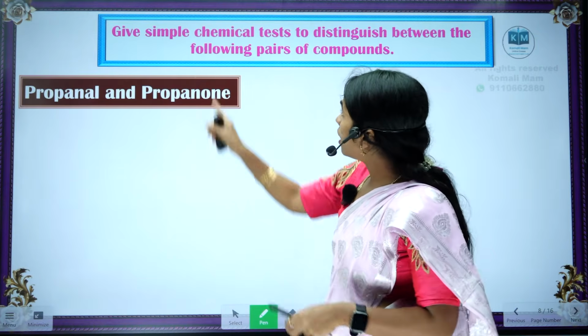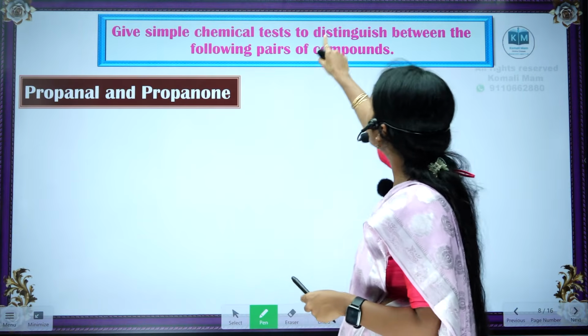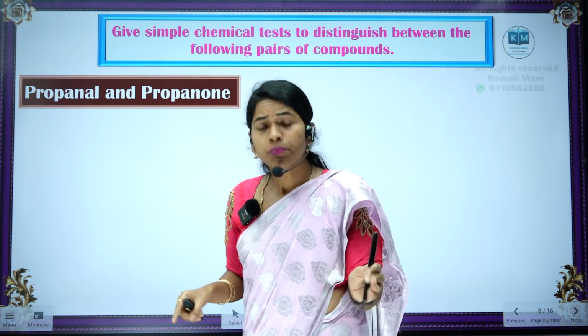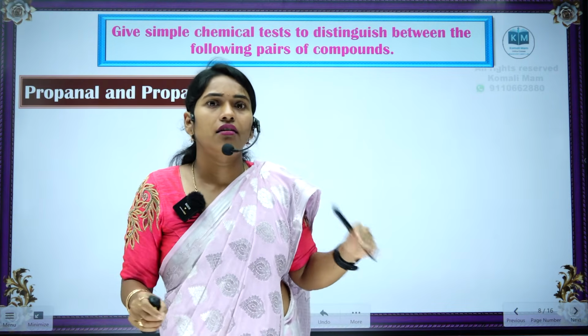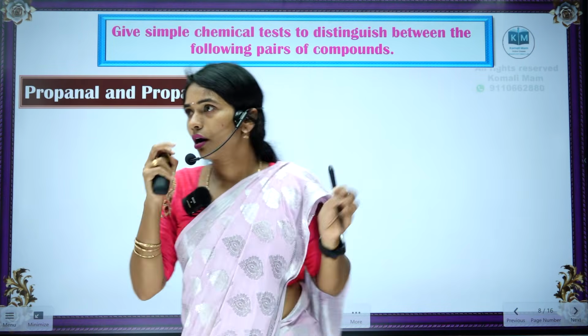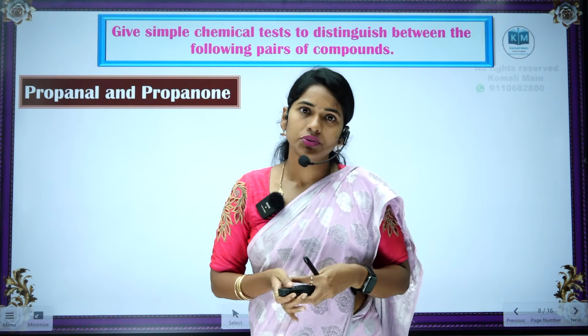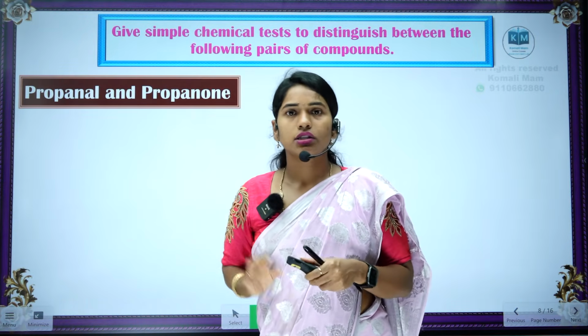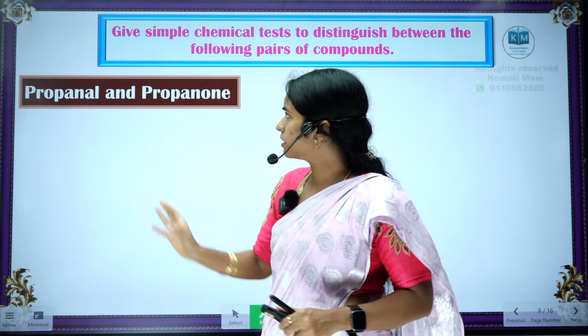Give simple chemical tests to distinguish between the following pairs of compounds. From today, you need not memorize what to say. This chapter is aldehydes, ketones and carboxylic acids, and alcohols and phenols questions also you can cover very easily.